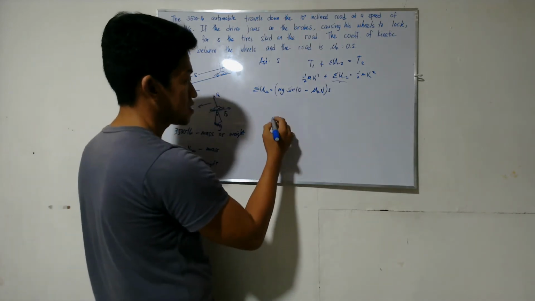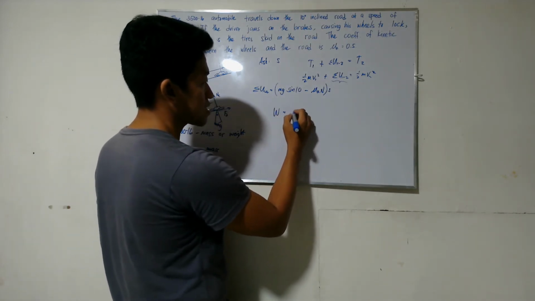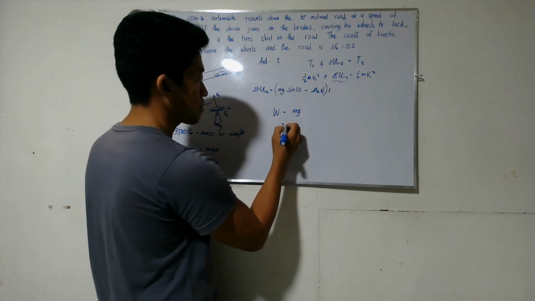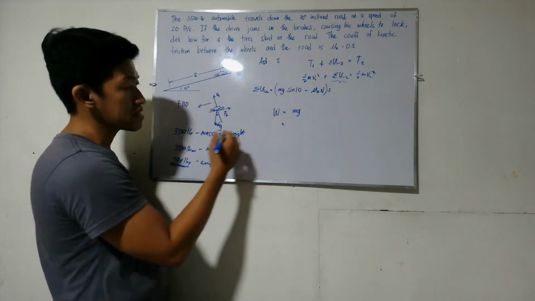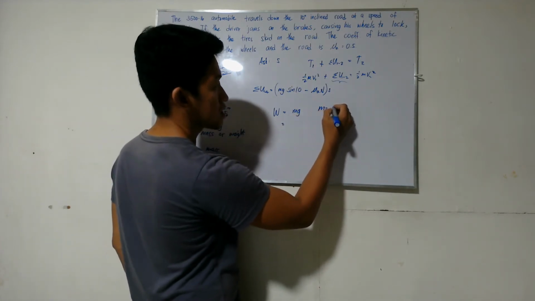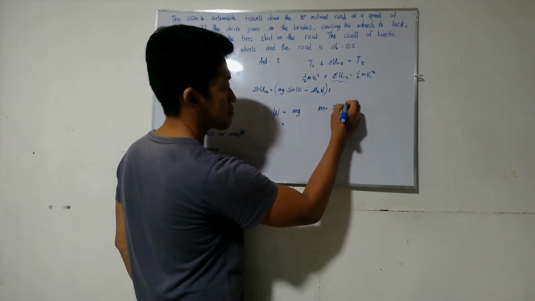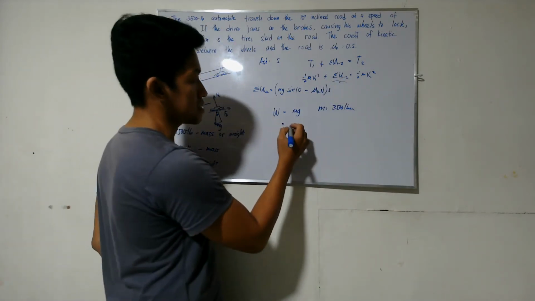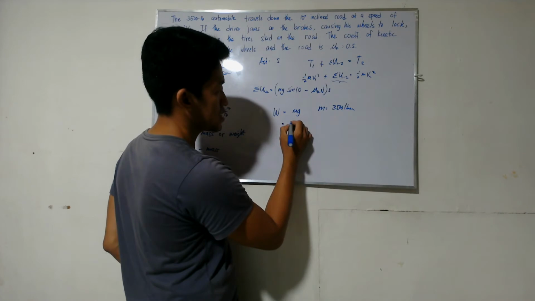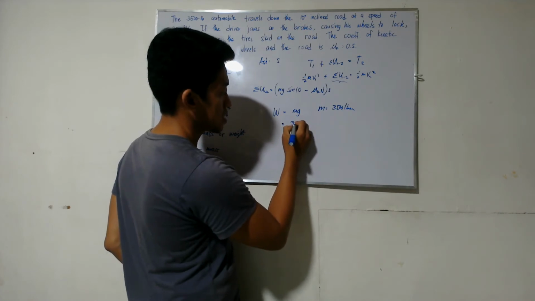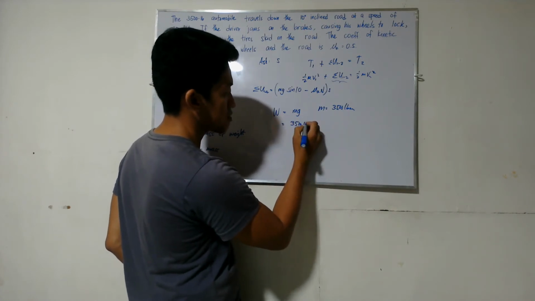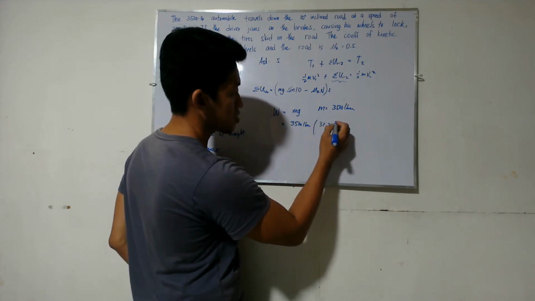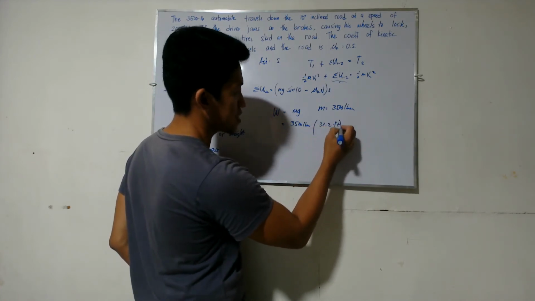Recall, your weight is mg. Okay? So if your mass is 3,500 pound mass, to get the weight you take 3,500 pound mass times your g, which is 32.2 feet per second squared.